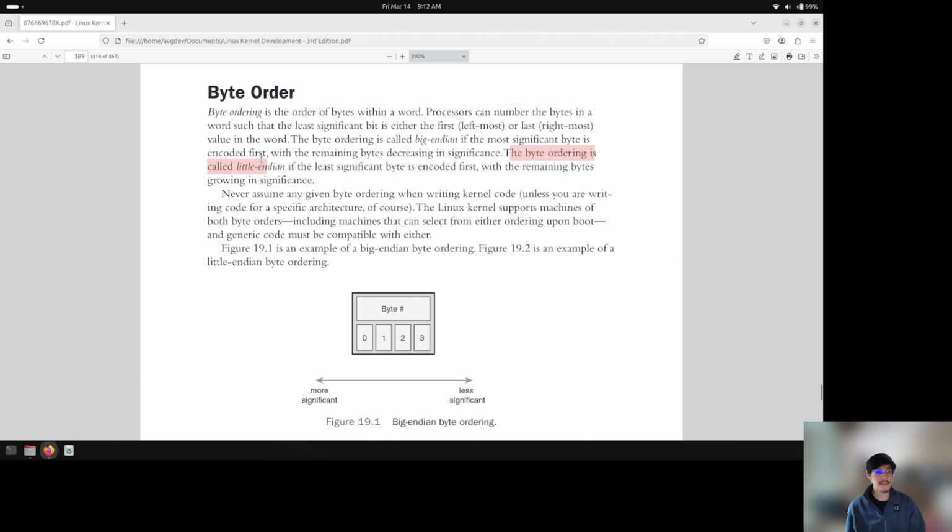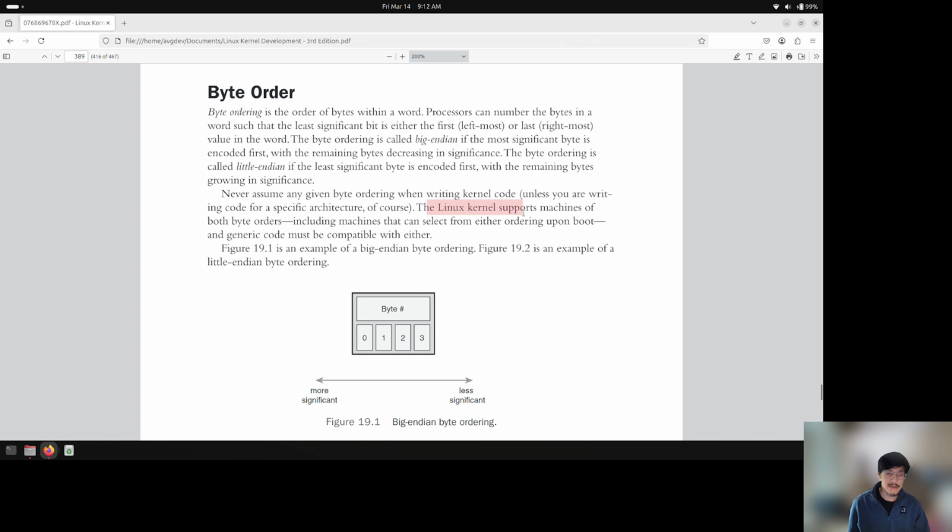The byte ordering is called little endian if the least significant byte is encoded first, with the remaining bytes growing in significance. Never assume any given byte ordering when writing kernel code, unless you are writing code for a specific architecture, of course. So never ever write code that assumes some specific endian.